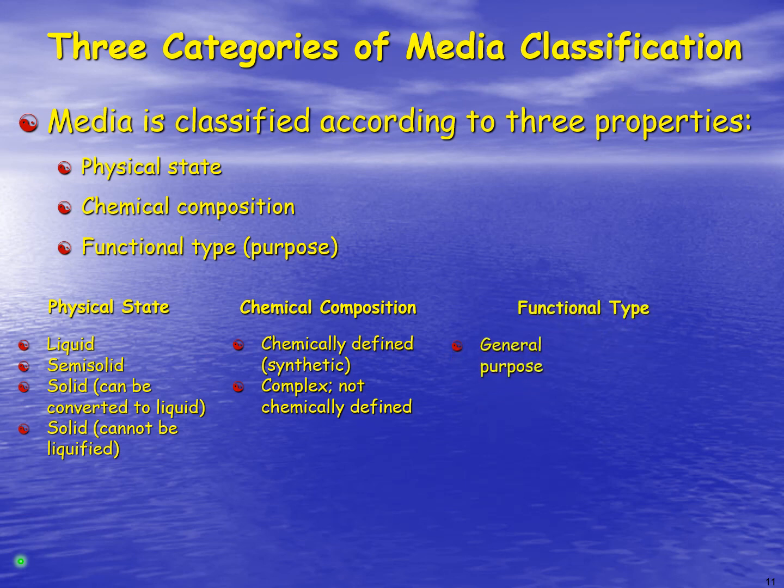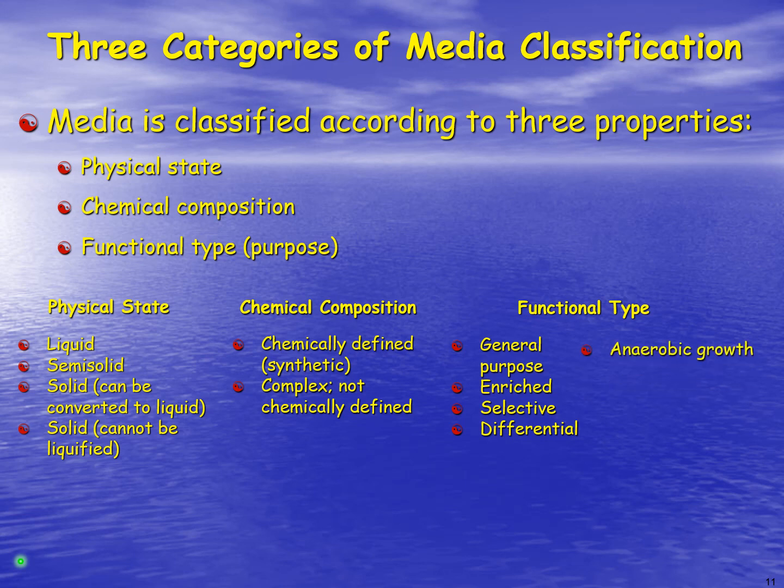Functional types. General purpose medias can be used to grow most any type of microbe. Enriched medias have specific things added for a particular microbe's use. Selective medias will allow certain microbes to grow while excluding others. Differential medias will show differences in the growth of two different microbes, either by changing the media itself or the colonies, or the growth pattern looks different for the two organisms.